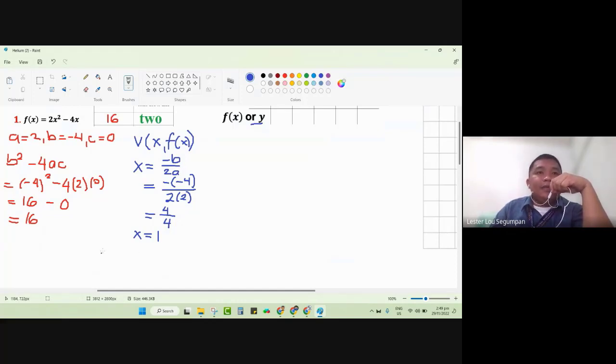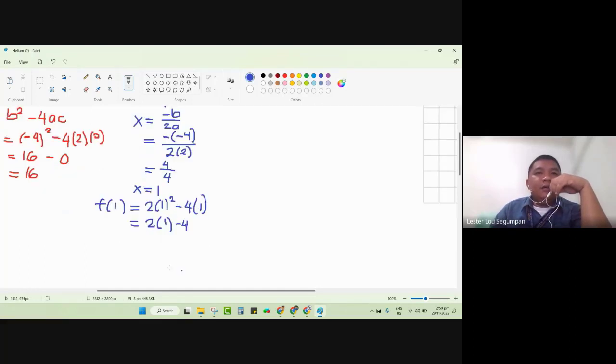To complete that, we are going to substitute the same value of x, which is equal to 1, into the given equation. Our equation is 2x squared minus 4x. So you have 2 times 1 squared minus 4 times 1. The value for this, you have 2 times 1 minus 4.